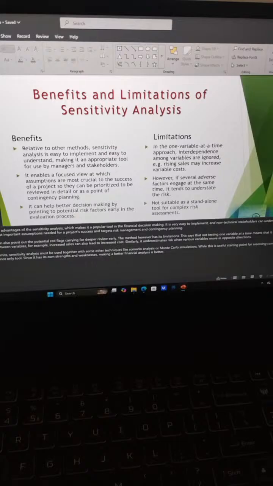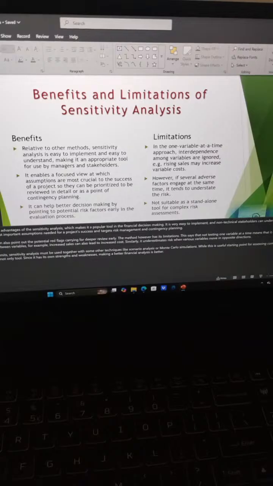The benefits and limitations of sensitivity analysis. The benefits, as you can see here: relative to other methods, it's easy to implement and easy to understand, making it an appropriate tool for use by many managers and stakeholders. It enables a focused view of which assumptions are most crucial to the success of projects. Also, they are prioritized to be viewed in detail as a point of contingency planning, right? You've got to have a plan A or a B. That's all that's saying.